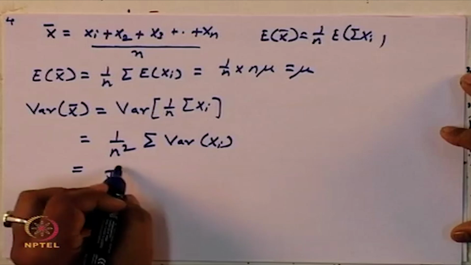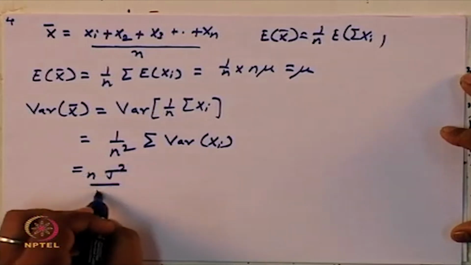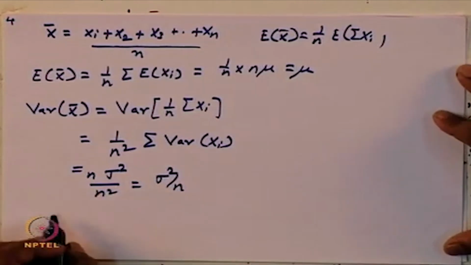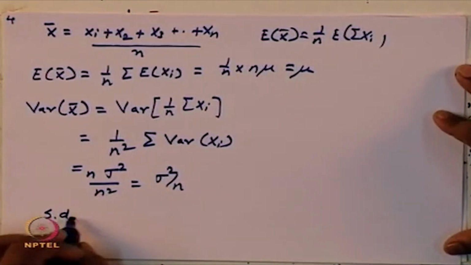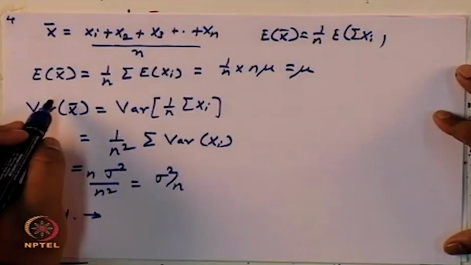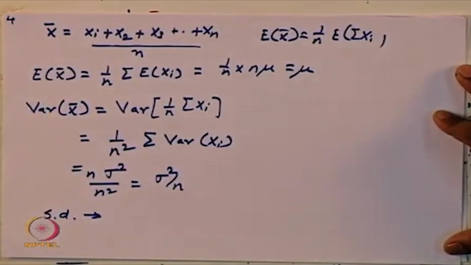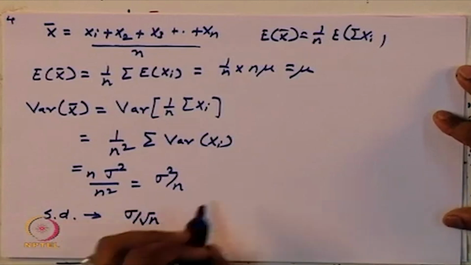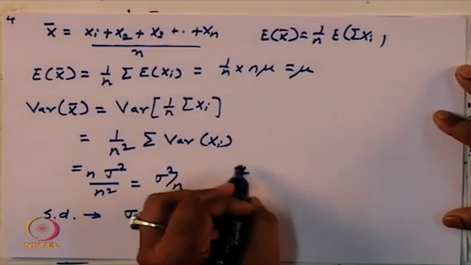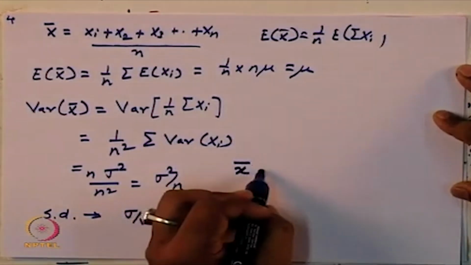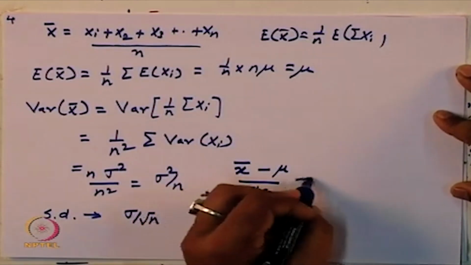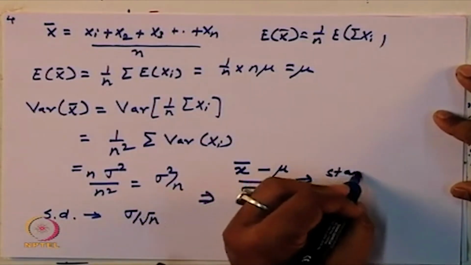So, you have sigma square into n by n square, equal to sigma square by n. So, this would mean that the standard deviation of the sample mean x bar is sigma by root n. So, (x bar minus mu) by (sigma by root n) is a standard normal variable.